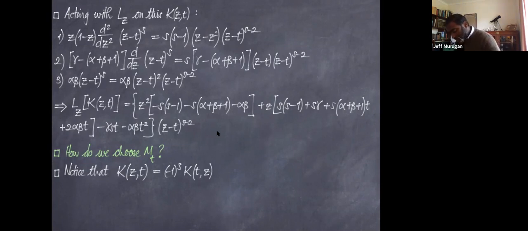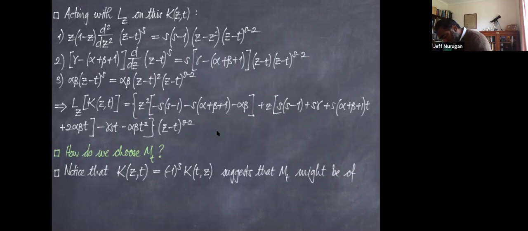Okay. So this suggests that we should look for an operator of the same form as Lz, except for z and t interchanged.